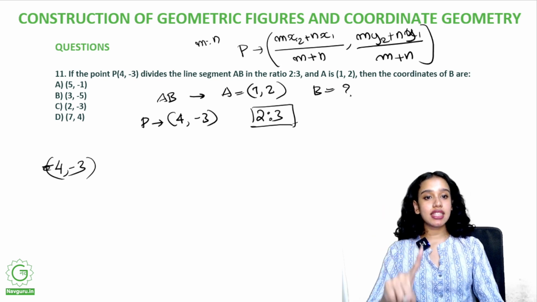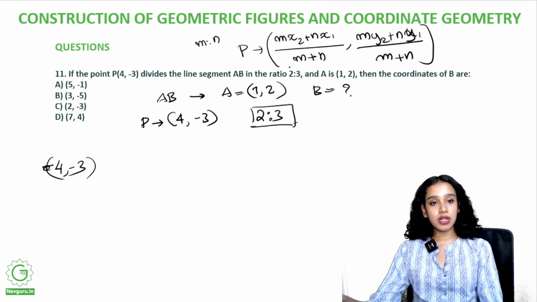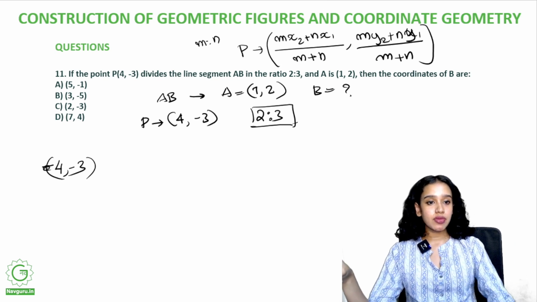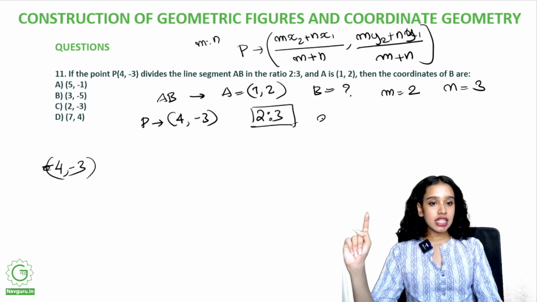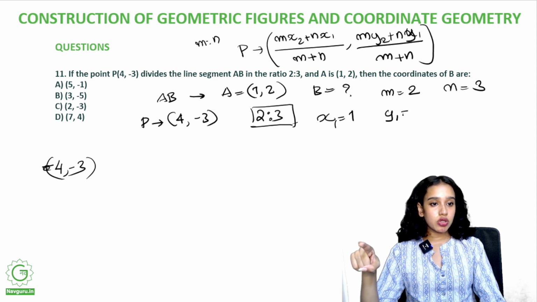Now, the coordinates of P are actually given, right? So what is m? M here is equal to 2, n here is equal to 3, right? Now x1 is 1 and y1 is equal to 2.